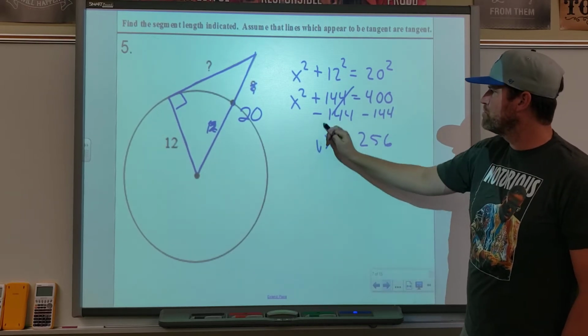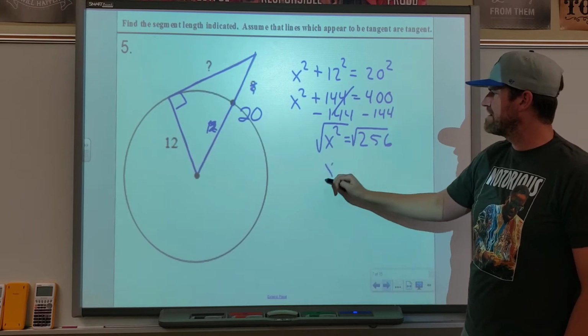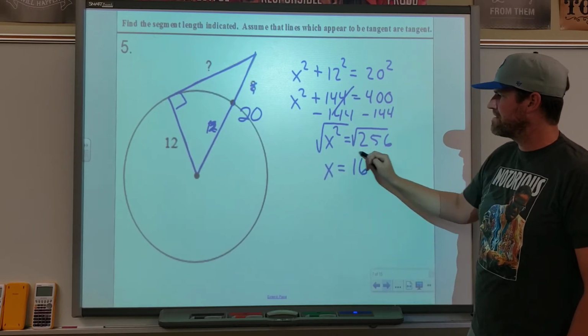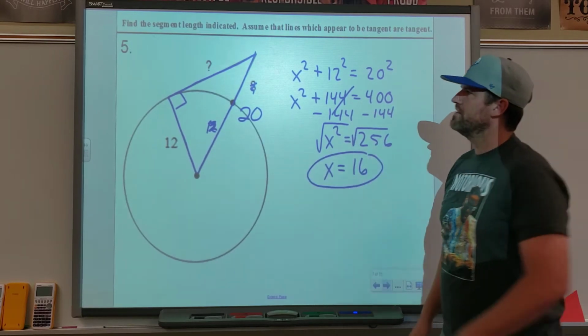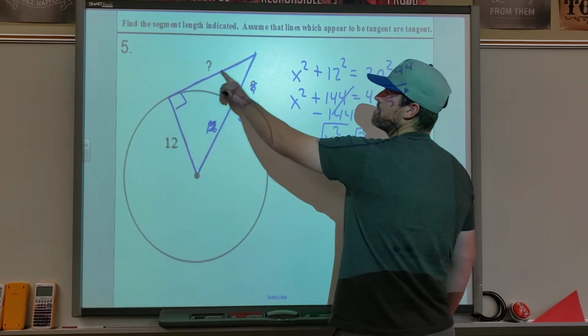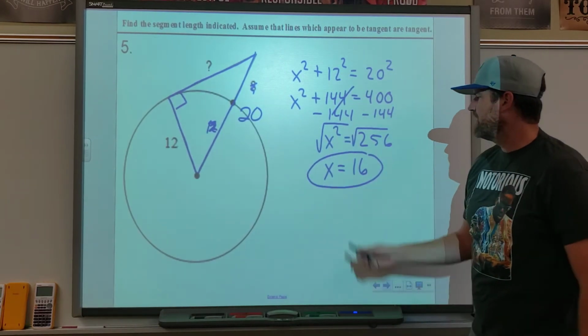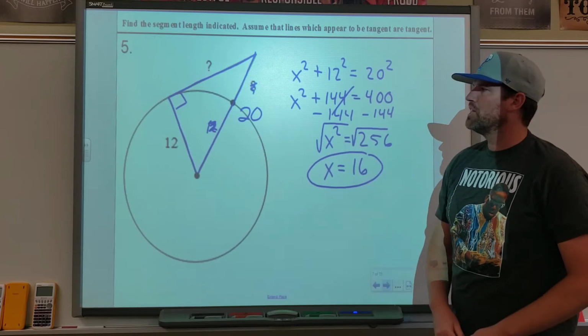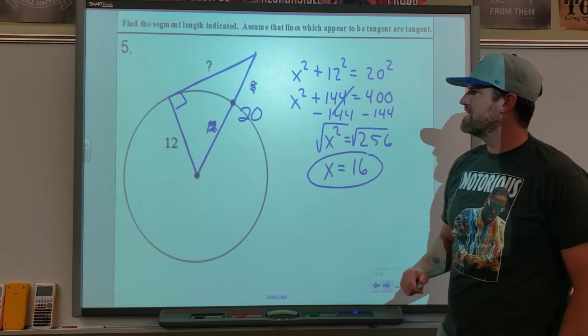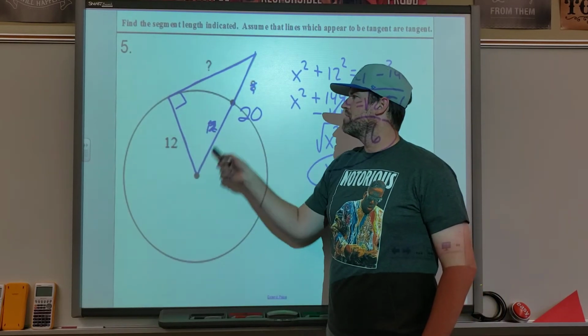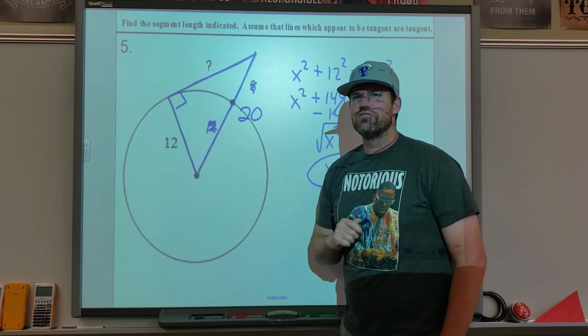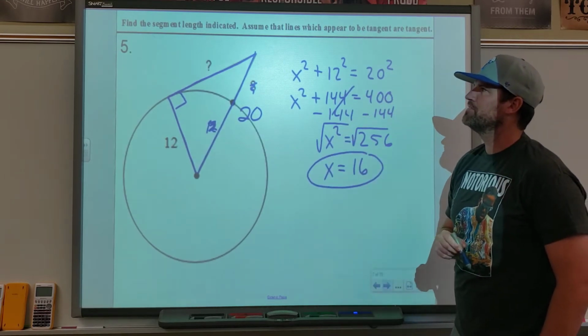And the square root of 256 is 16. So the length of this side right here, in order to make it a tangent, is 16 units long. Because if it is 16 units, then the Pythagorean theorem works, and that will be a right angle, which happens when we get our tangent.